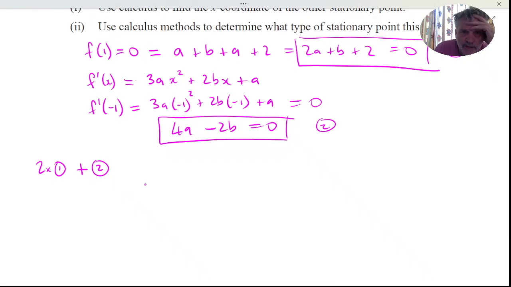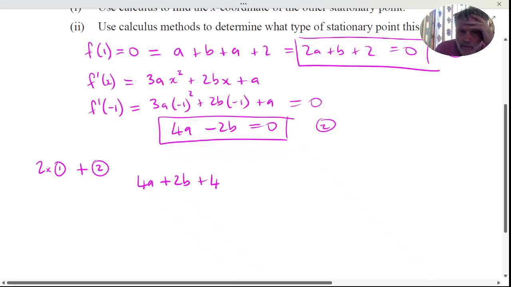We'll eliminate the b: 4a plus 2b plus 4, that's doubling that, and then add on this one, plus 4a minus 2b. Both got 0 on the right hand side, so 2b cancels with the minus 2b, so we get 8a plus 4 equals 0, a equals negative 1/2.